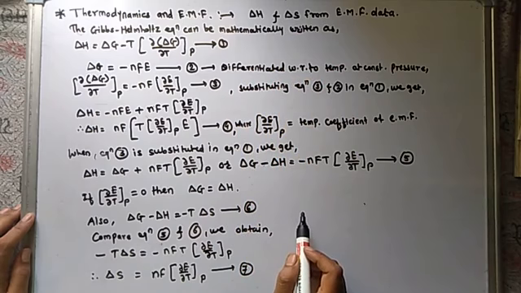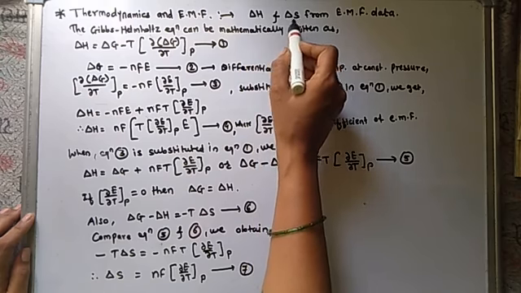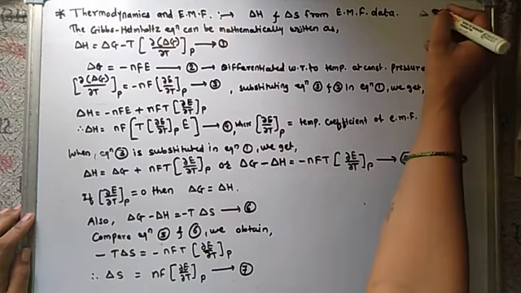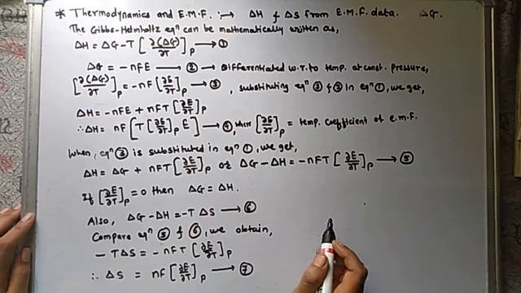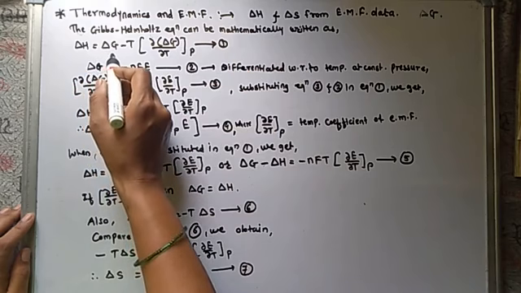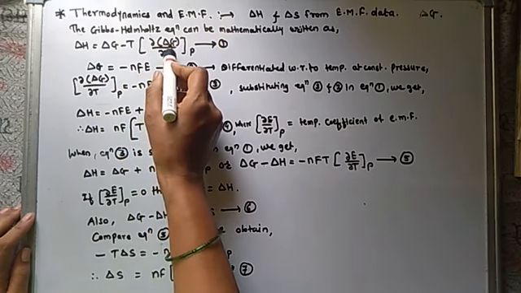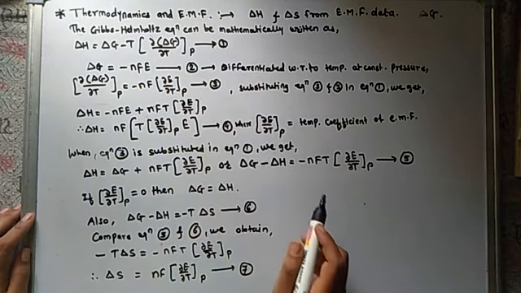From the measurement of EMF, it is possible to calculate the change in state functions like enthalpy, delta H, entropy, delta S, and also the free energy, delta G. The Gibbs-Helmholtz equation can be written as delta H equals delta G minus T times delta of delta G upon delta T at constant P. This is equation number one.